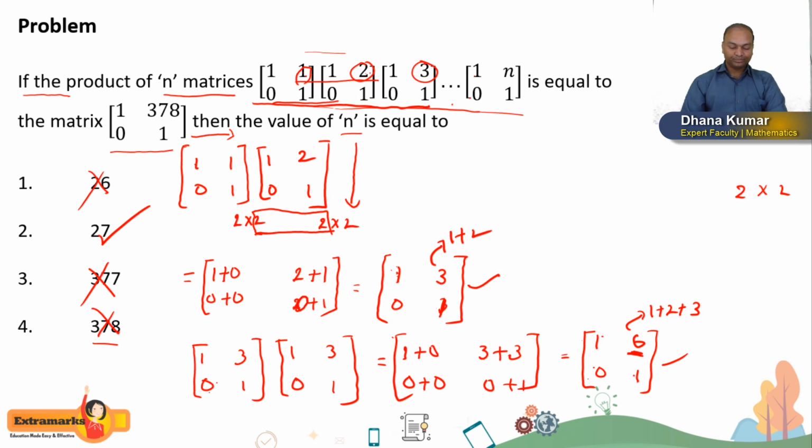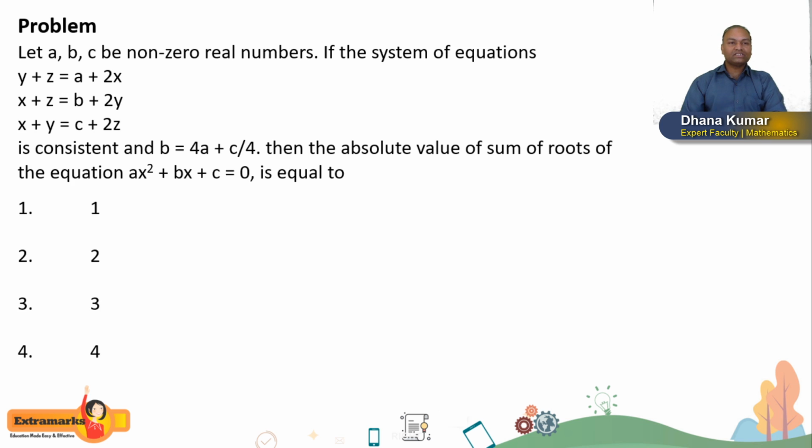Understood? Right. Now let us come to one more question. Let A, B, C be non-zero real numbers. If the system of equations is consistent, what is the meaning of that word consistent? Consistent means it has a solution.